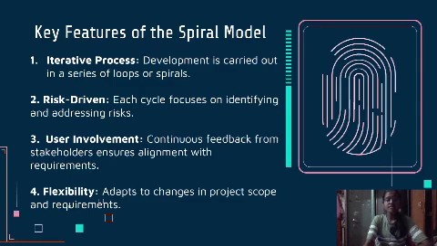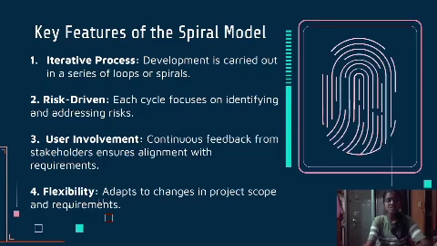Then the involvement is more, as continuous feedback from the stakeholders needs to be given. So this will ensure the alignment with requirements. Then we have flexibility. This model not only is risk driven but it also is flexible.